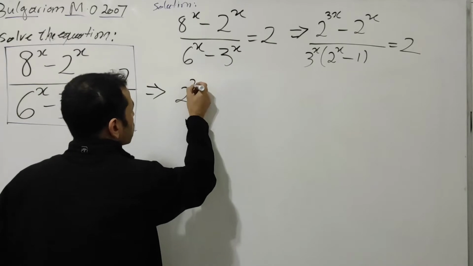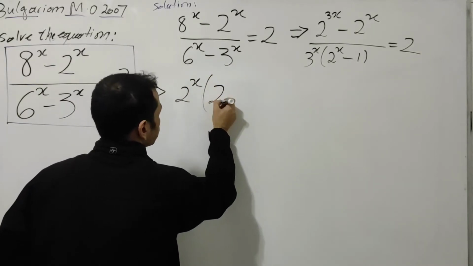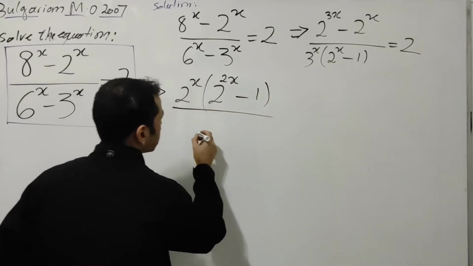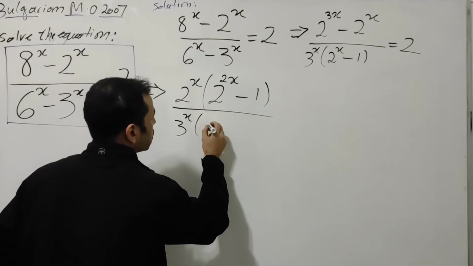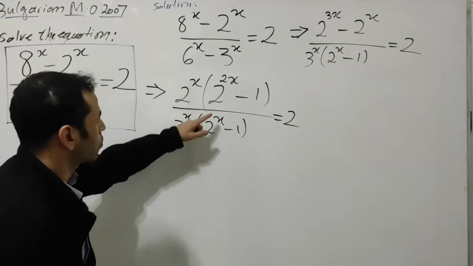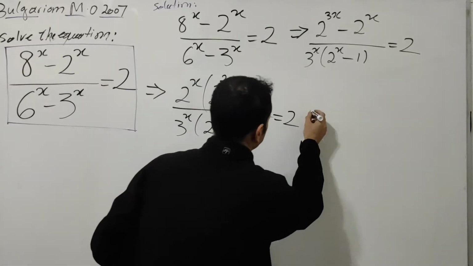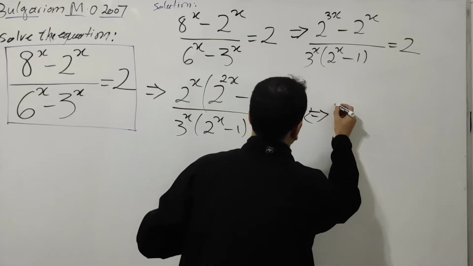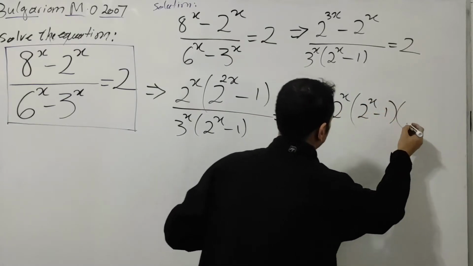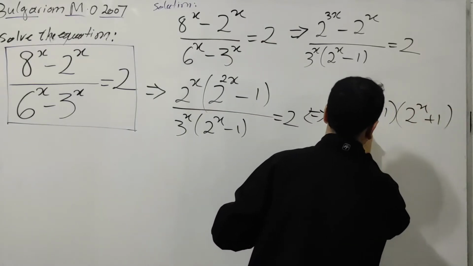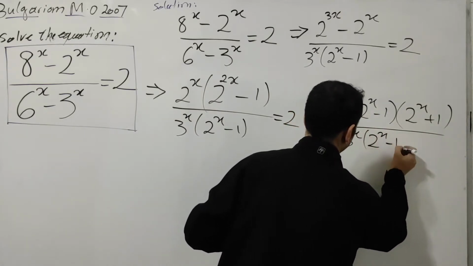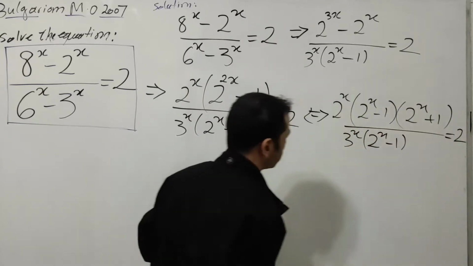This gives me 2^x multiplied by (2^(2x) - 1), divided by 3^x multiplied by (2^x - 1), equals 2. I'm going to factor this one also. This gives us 2^x multiplied by (2^x - 1) times (2^x + 1), divided by 3^x multiplied by (2^x - 1), equals 2.